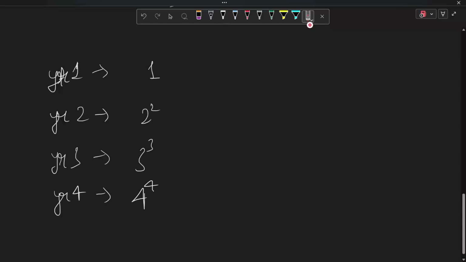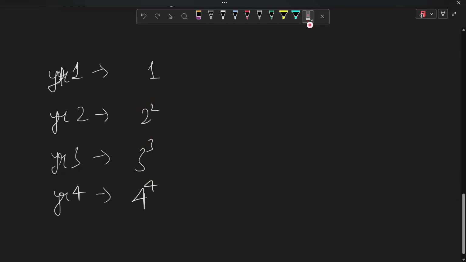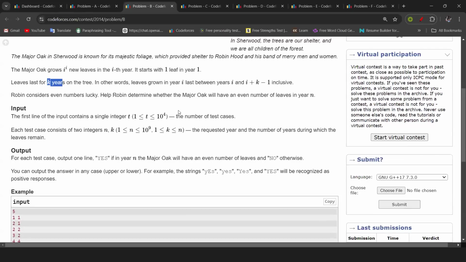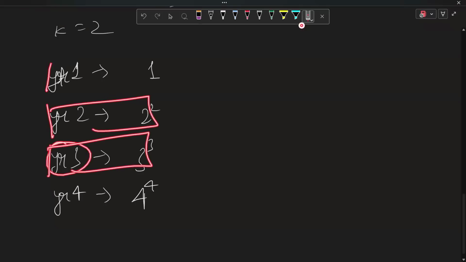Okay, so let's say we need to find in year three how many leaves are there. It would be 3 to the power 3 plus this leaf plus this leaf. All of them would exist till where? Till K is given to us. So let's say if K is 2, then each leaf lasts for 2 years. It means in year 3, leaves from year 3 and year 2 will last.